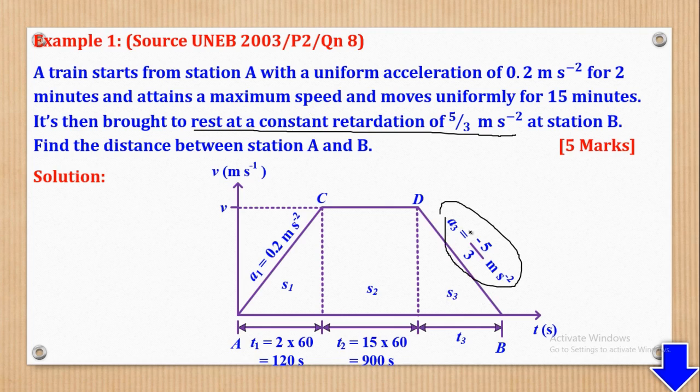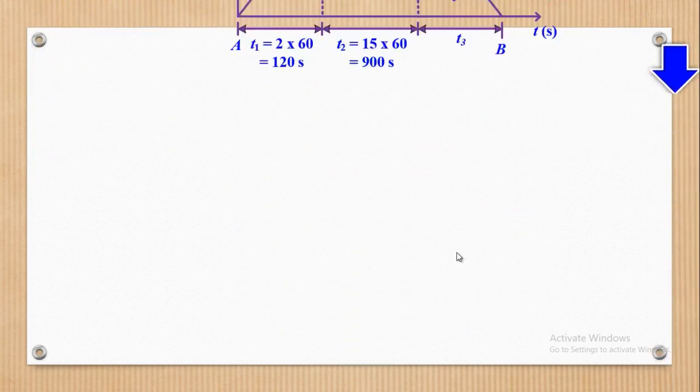You can see that there is a negative, and that negative is to denote retardation. Then S3 will be the distance traveled during retardation, and T3 will be the time taken during retardation. So with that sketch, we shall now answer the question.